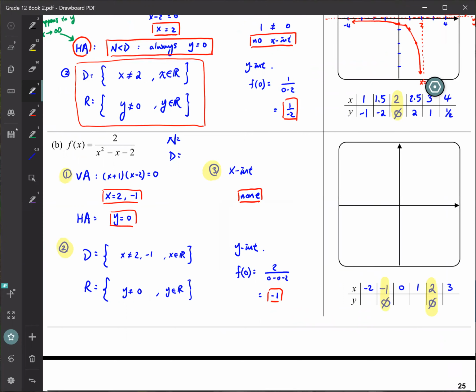Actually, raise your hand when you finish the table, okay? I want to make sure the values are correct. And if you are sure that your values are good, you can continue on the graph, okay? But please raise your hand when you finish the table.